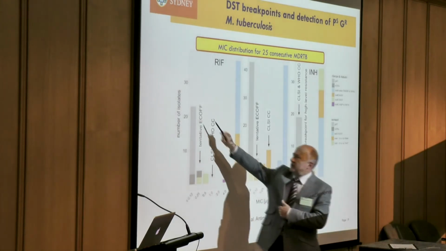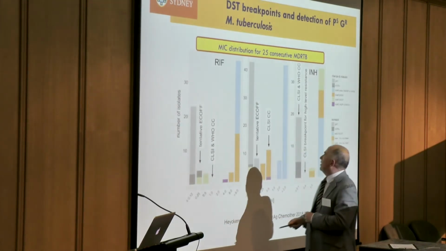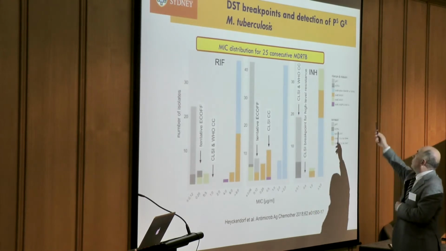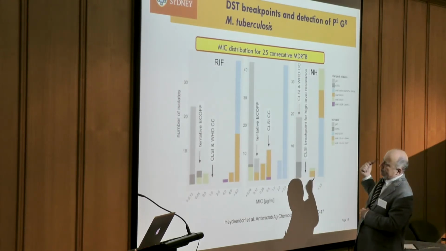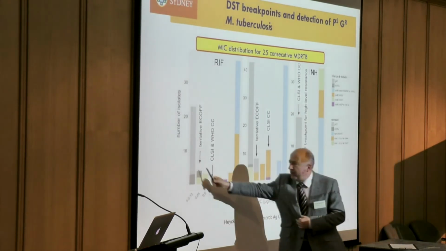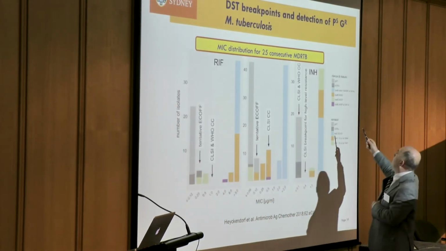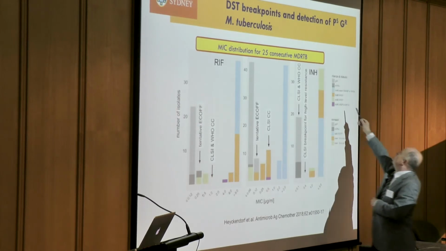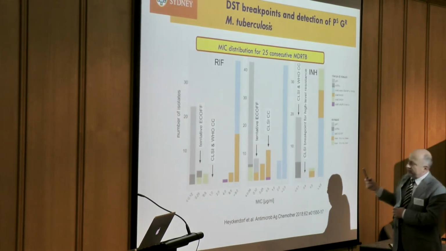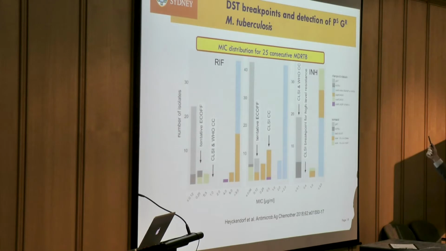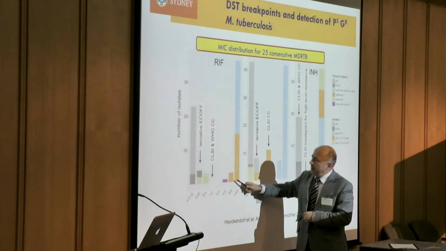And you can see that isolates with no mutations, wild type or reference strain, would have much lower MICs, and isolates with mutations, yellow and blue, and these are RPOB codon mutations 545, 534, would have much higher MIC.